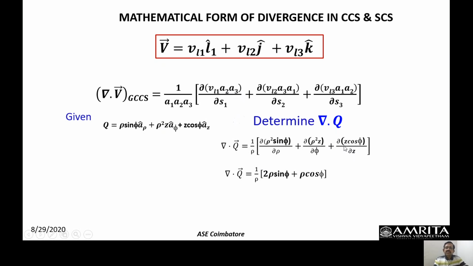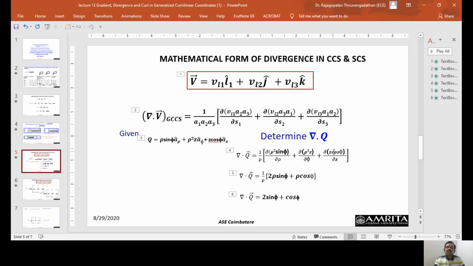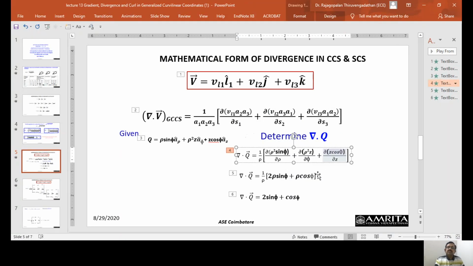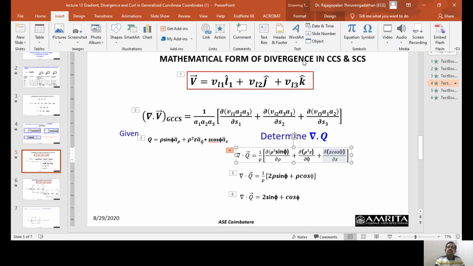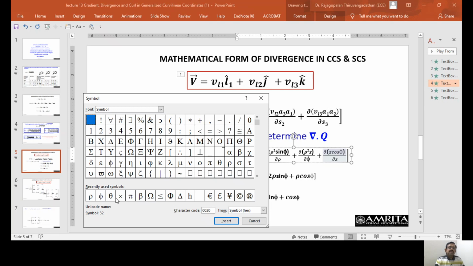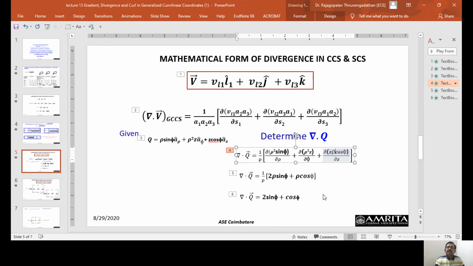A1, A2 is there, so there is a rho which is missing. Let me put that rho over here. The rho needs to be there, so let me write that rho. You get that.